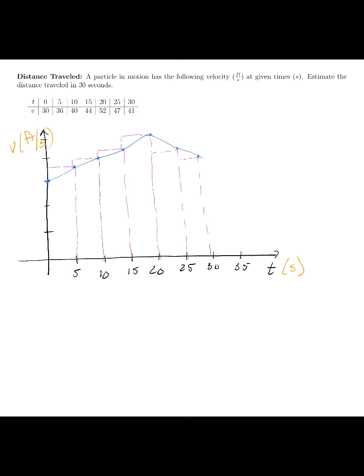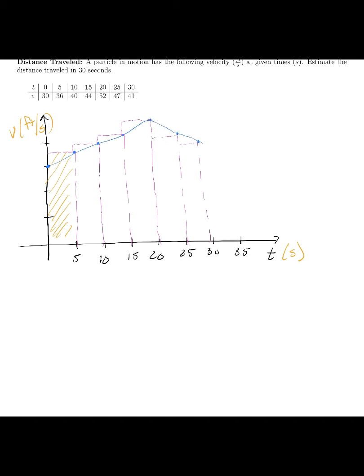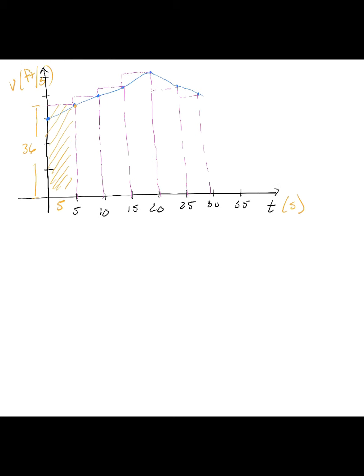Well, they've drawn in some rectangles for a reason, right? And let's see what happens if we find the area of one of these rectangles. So if I look at this first rectangle, it has width 5, as they all do. And what is its height? The height of this rectangle right here is just the output of the function at 5. I used a right-hand sum. The output of the function at 5 is 36. Okay, so this first rectangle, I'm going to call it R1.